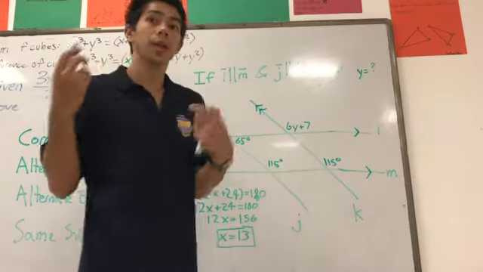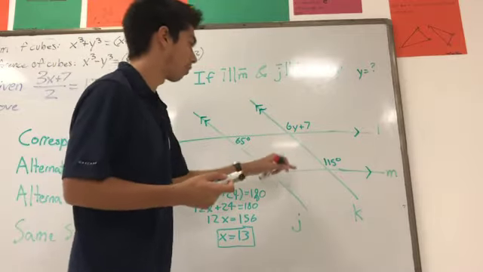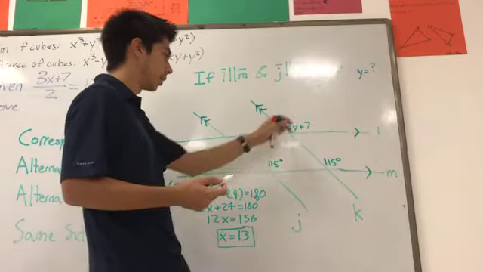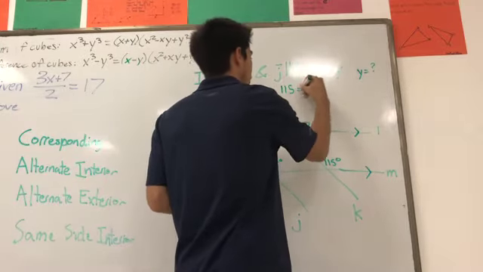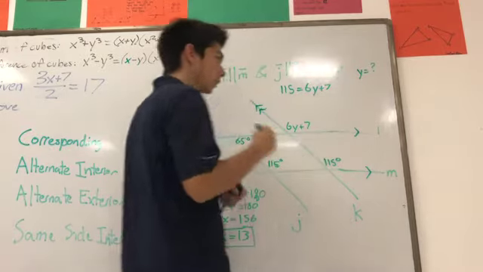So now that I know that 115 and 6y plus 7 are congruent to each other, I'm just going to write that down. 115 equals 6y plus 7.